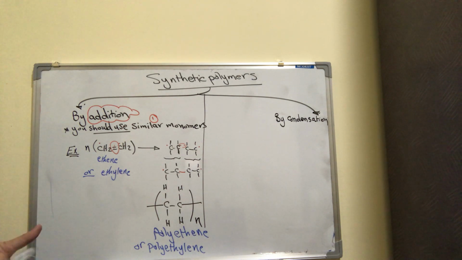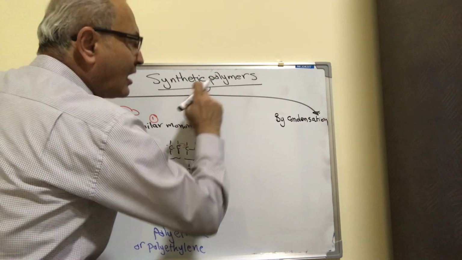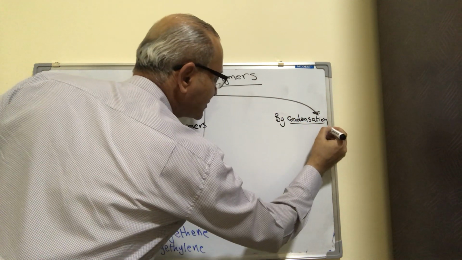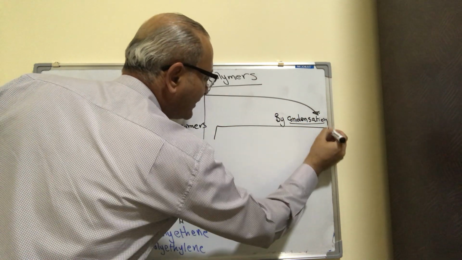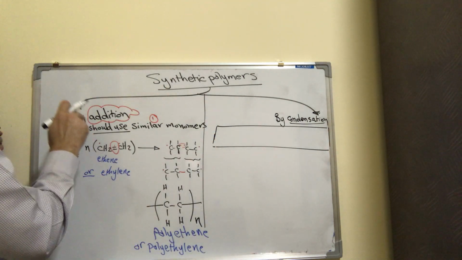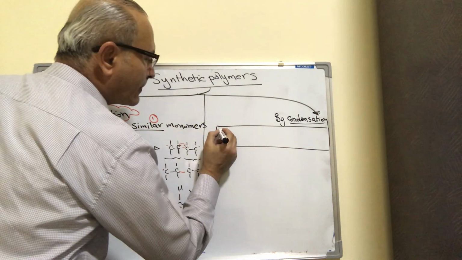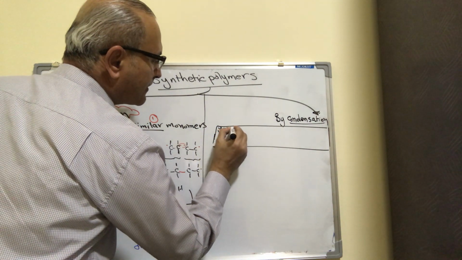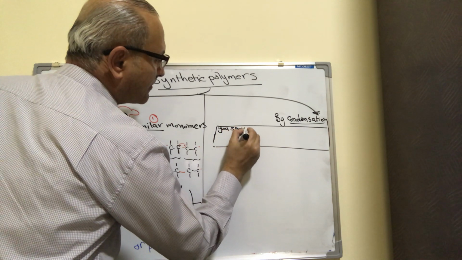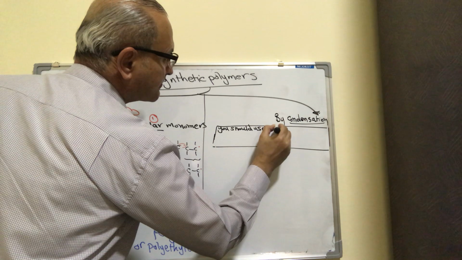Going to the polymerization by using condensation reaction, you would find that we have different conditions for that. If the condition here was to use similar monomers, here you should use different monomers.